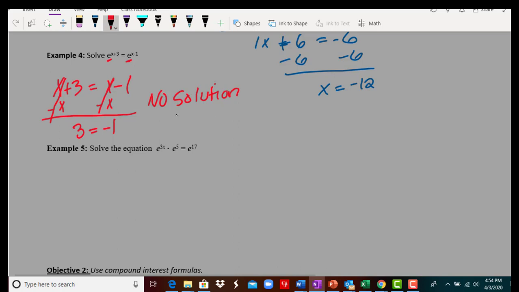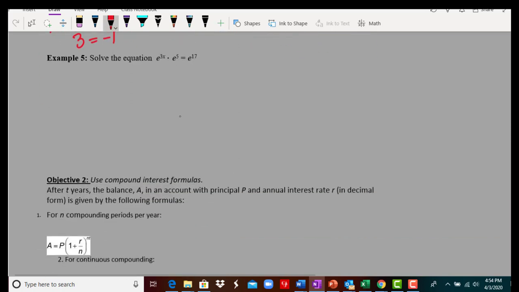Now, very similar to what we were just doing, I wanted to throw the monkey wrench in there. We have e to the 3x times e to the 5th equals e to the 17th, correct? So now we need to use our exponent rules. Do you remember your exponent rules?